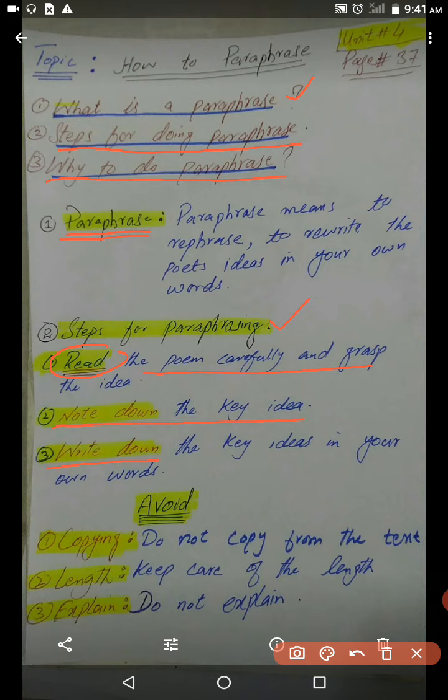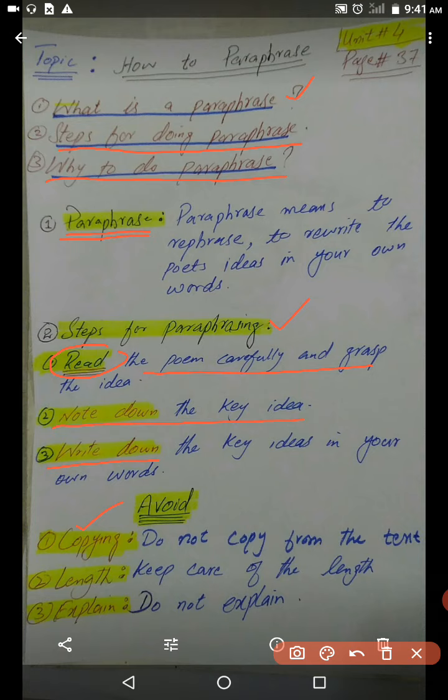There are a few things to be avoided. The first one is copying, because most of the time, students do not know what is there in the original stanza, they do not grab the idea, or they do not know how to paraphrase. So what they do, they just copy the original words, the original sentences of the poem, which is totally wrong.